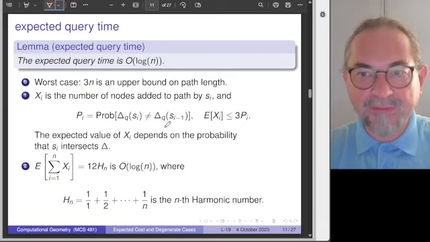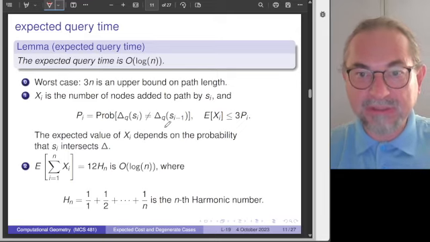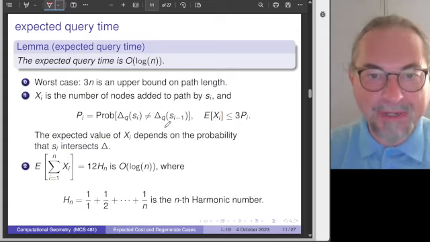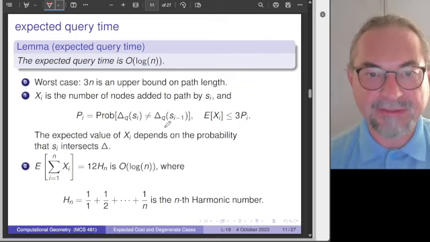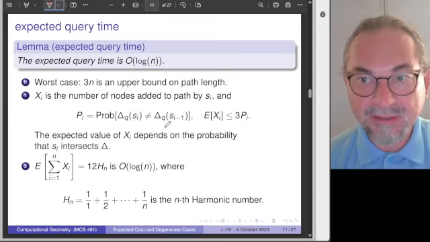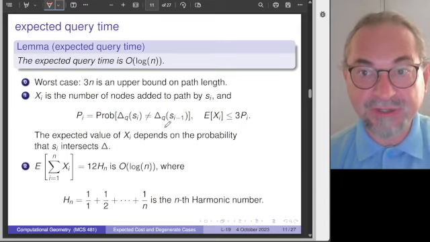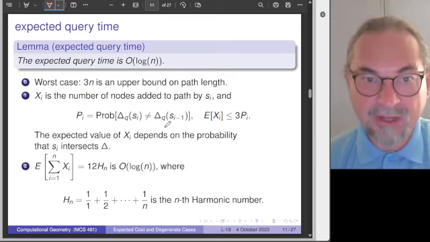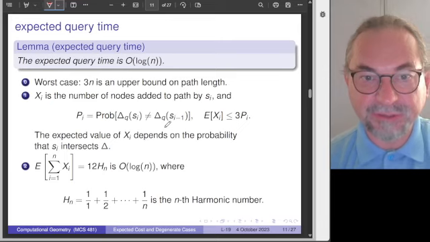We have to replace a trapezoid when the line segment intersects it. The expected value, where xi is the number of nodes that you add, is on average 3, and that depends on the probability. It's actually 0 or 1, but this is where the 3 comes from.